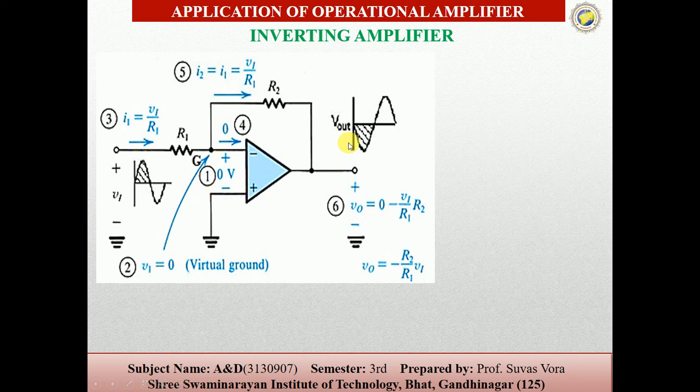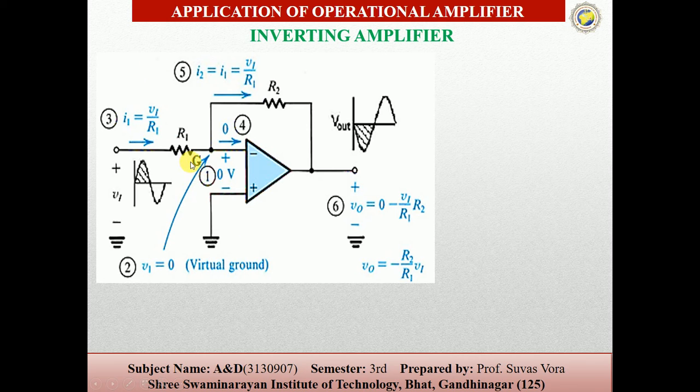You can see the circuit in the figure with a very small input Vi applied to the inverting terminal, and the non-inverting terminal has been earthed or grounded.